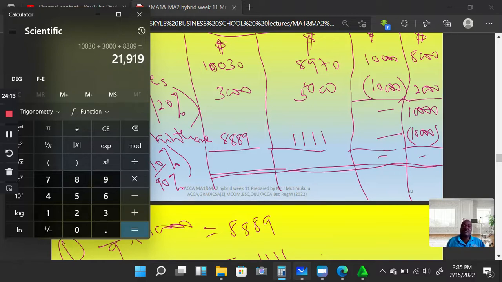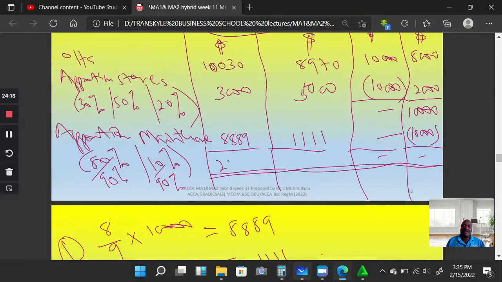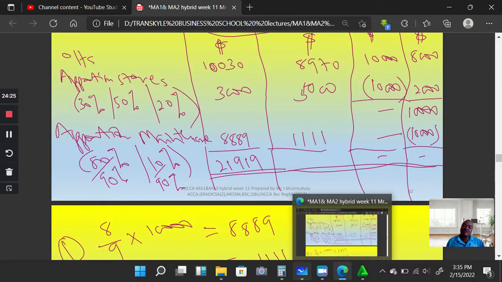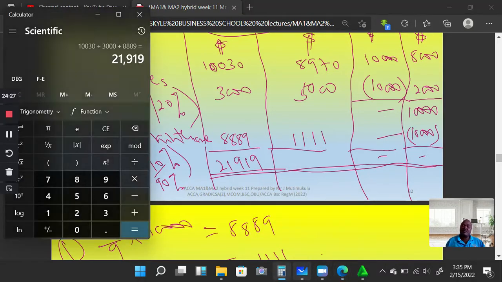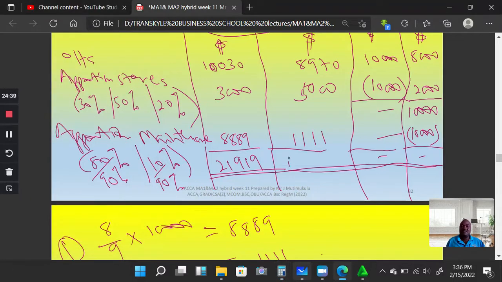That's 21,919. You do the same for production cost center number 2. We have 8,970 plus 5,000 plus 1,111. That's 15,081.